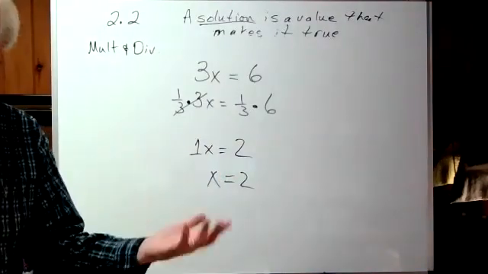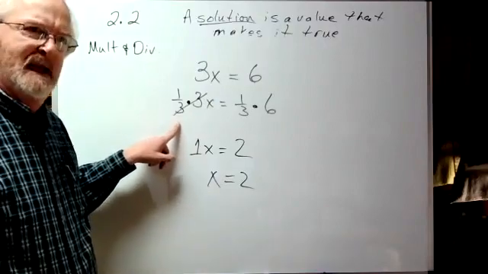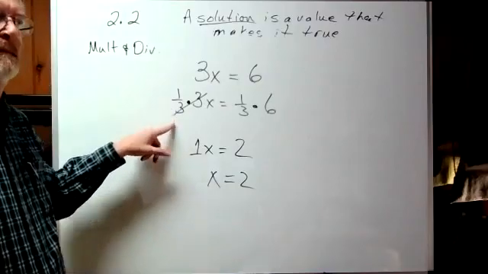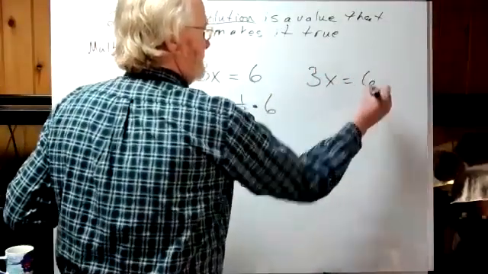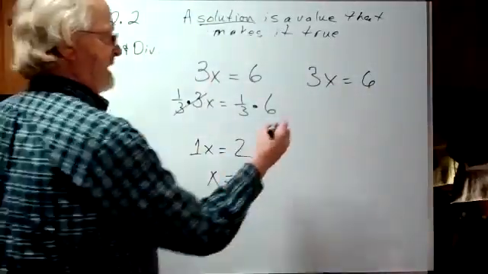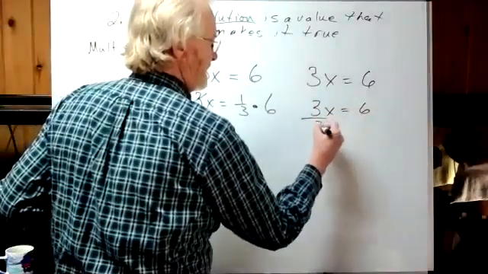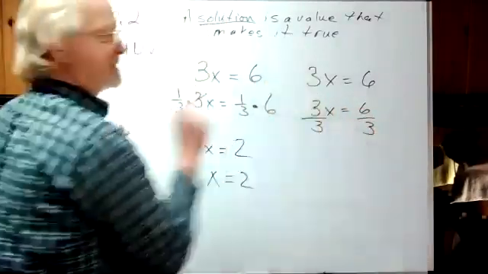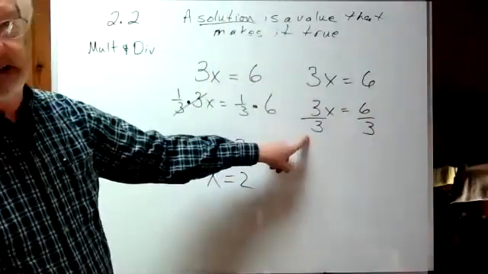Most of us now understand that multiplying by a fraction is the same as dividing by that number, right? Now, preferably you write your problem and then show any steps. At the next step, what do I want to do? I'm going to divide both sides. Do the opposite of multiplying by 3. What's the opposite of multiplying? Dividing.